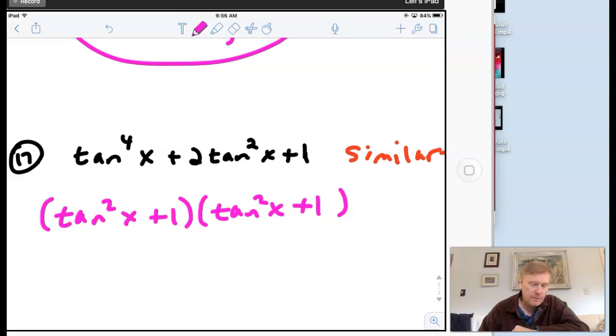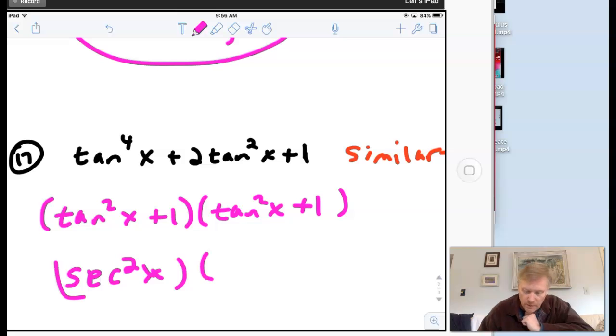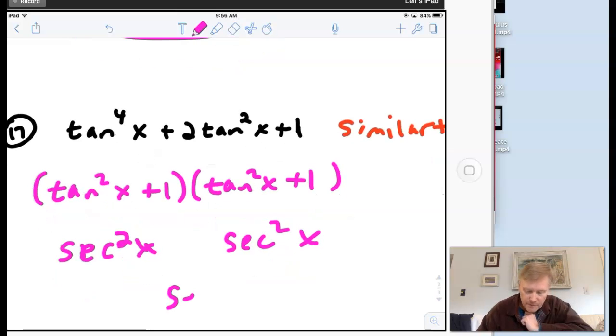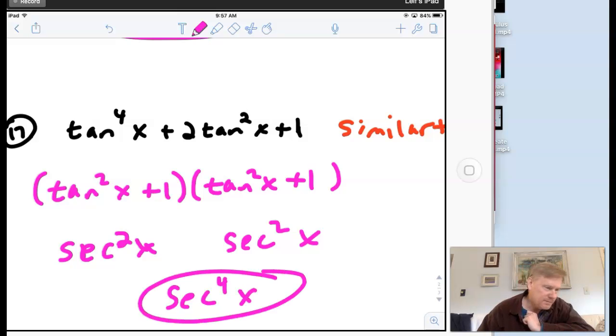Okay? And then if you look back at your formula sheet, you'll see that the tangent squared of x plus 1 is the same as the secant squared. So I got secant squared of x times secant squared of x. I don't need parentheses there actually, which will give me secant to the fourth of x if I multiply those together. And that is my answer.